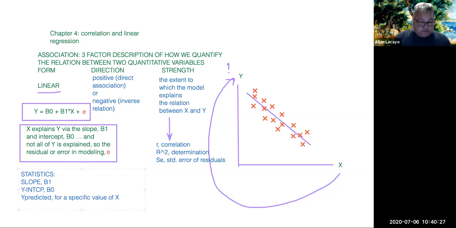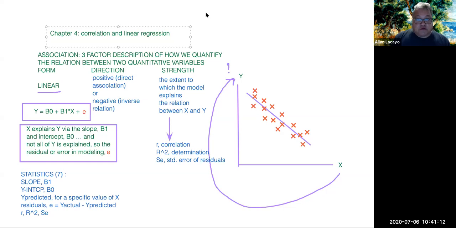The residuals, which is the difference between the actual values of y and the predicted values of y. The correlation, the R-square, and the standard error of the regression. So all in all, we have 7 different statistics that we study to describe the association between 2 quantitative variables.